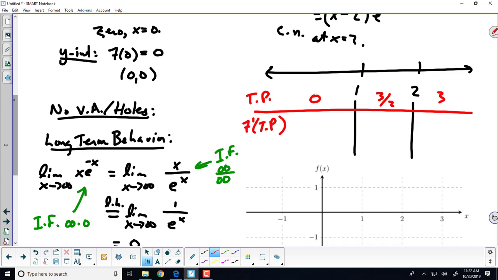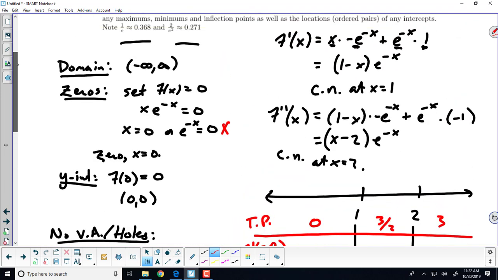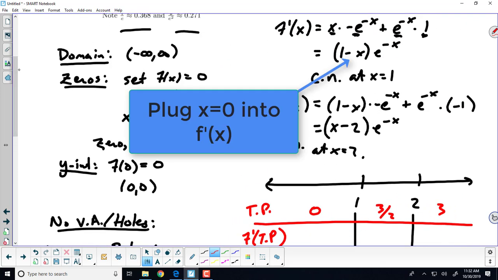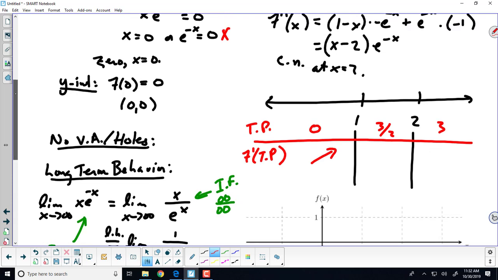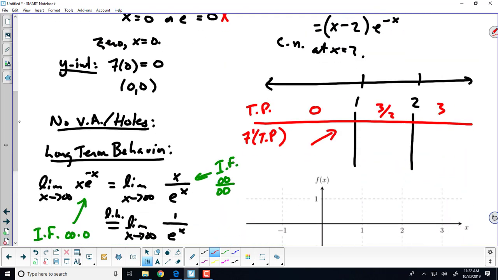If I plug 0 into the first derivative, that first factor is positive, and the second factor is always positive, so we are increasing. If I plug in 3 halves, we're decreasing. And if I plug in 3, we're decreasing.